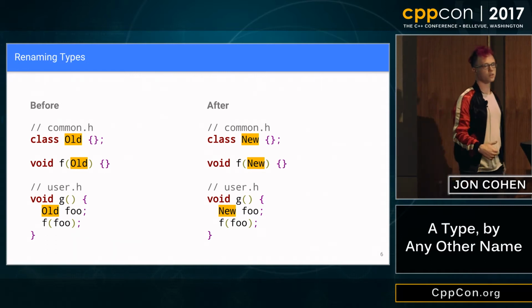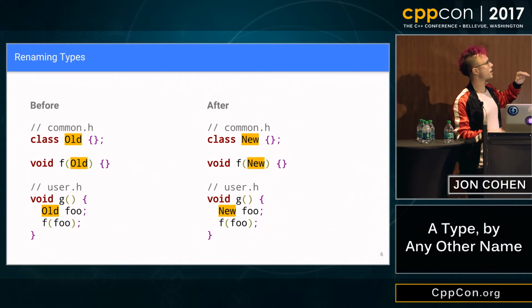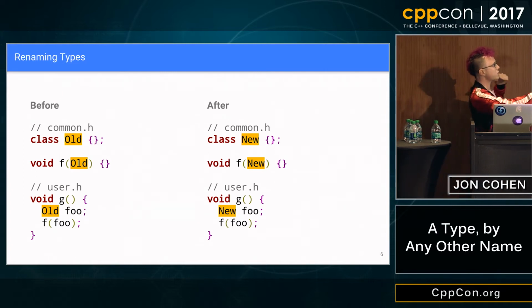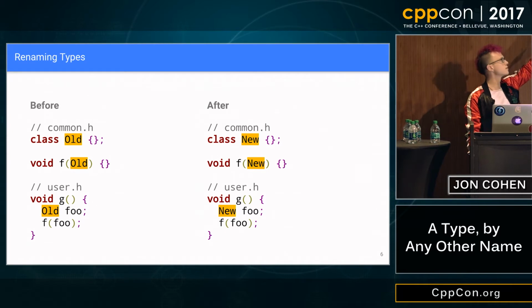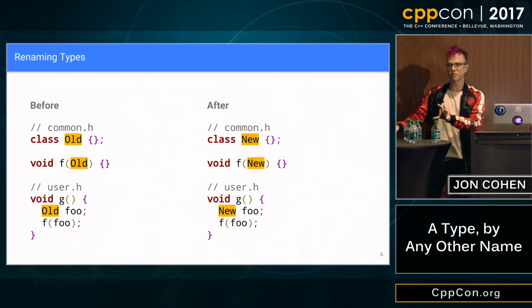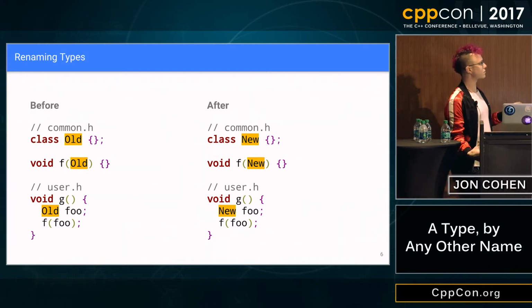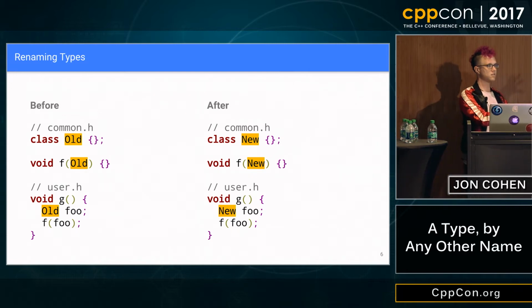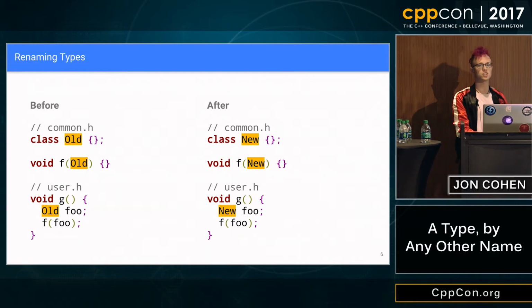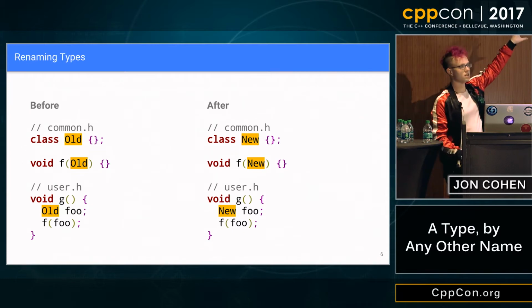The key that we're going to talk about in this talk is that there's a sort of invisible line in the sand where at the top we have some common library code and at the bottom we have some user code in a leaf part of the application. And you can't expect in general that the people who are writing this business logic leaf application have knowledge or ability to make changes to the library code.